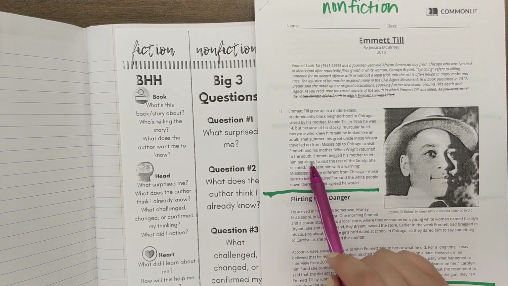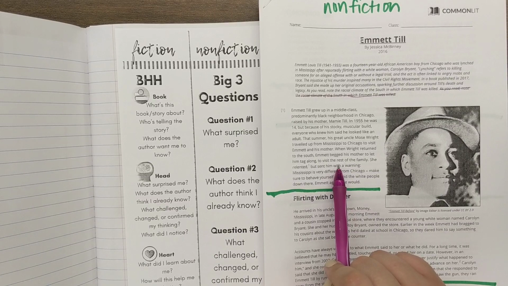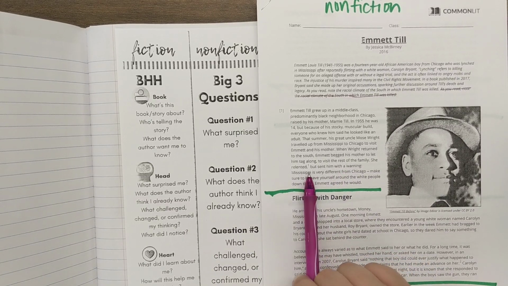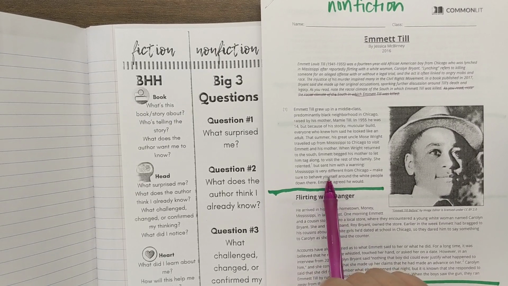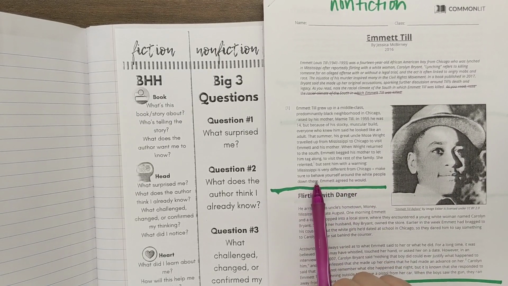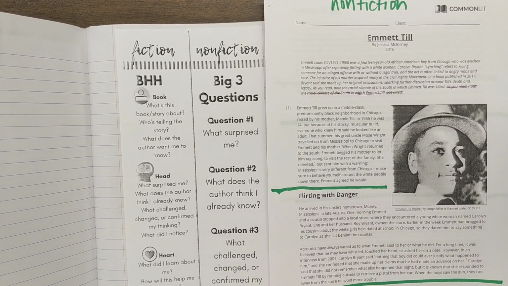When Wright returned to the South, Emmett begged his mother to let him tag along to visit the rest of the family. She relented, but sent him with a warning. Mississippi is very different from Chicago. Make sure to behave yourself around the white people down there. Emmett agreed he would.